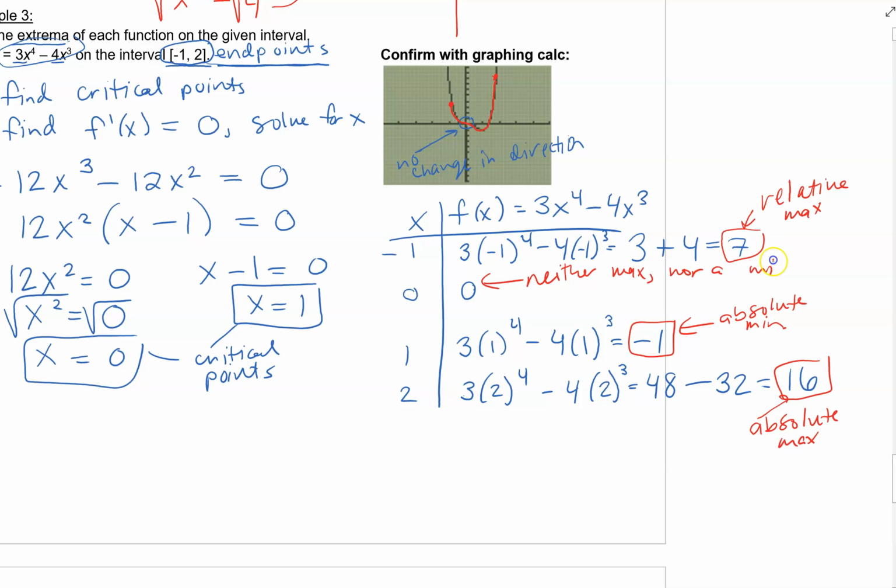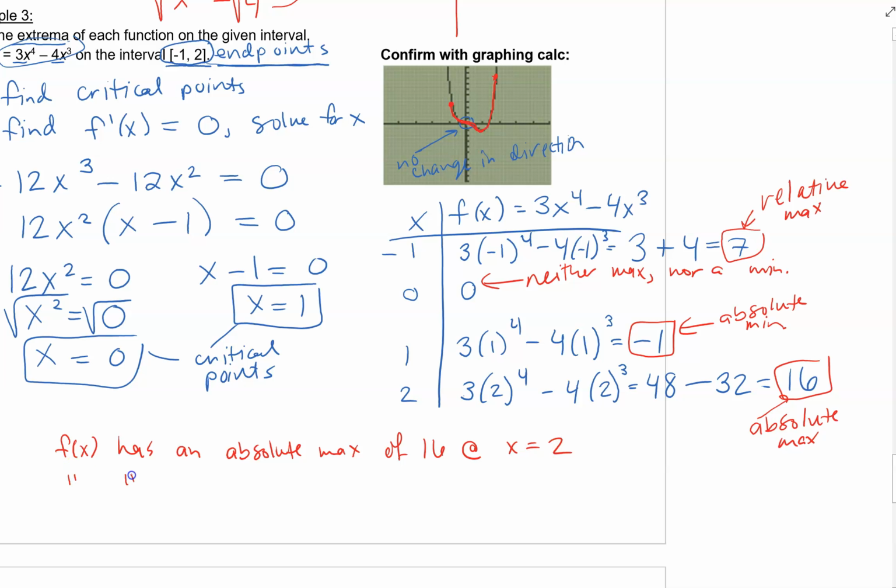It was not a high or a low point. It was just a place where the function sort of flattened out before it continued to decrease. So we'll say that this function has an absolute max of 16 at x equals 2.